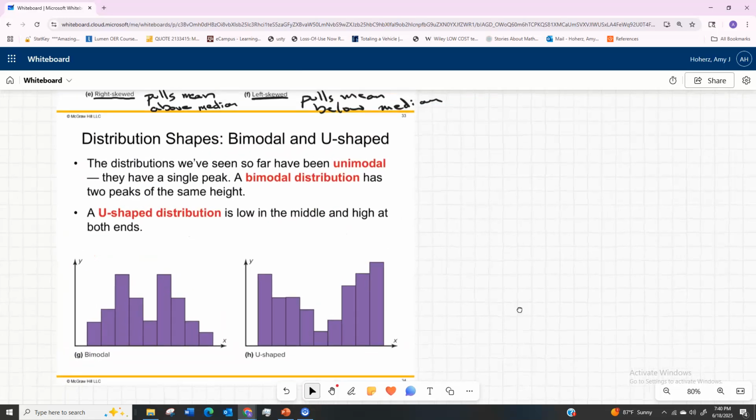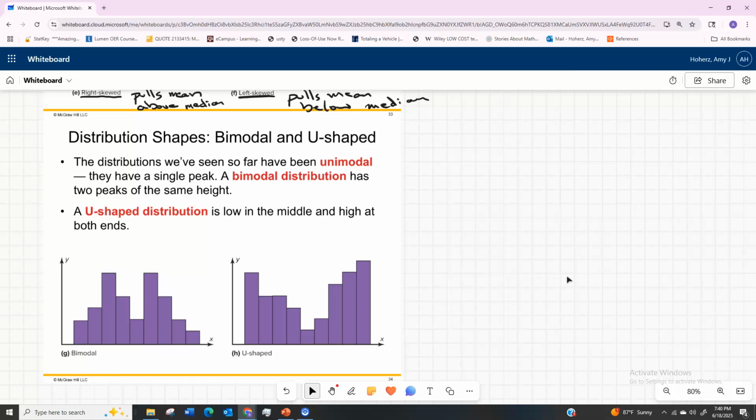All right, and then finally we have bimodal and U-shaped. So bimodal, again, I know we haven't talked about mean, median, and mode, but remember mode, you probably have heard this at some point. Mode is the class with the highest frequency, or the modal class. So the modal class is the class with the highest frequency.